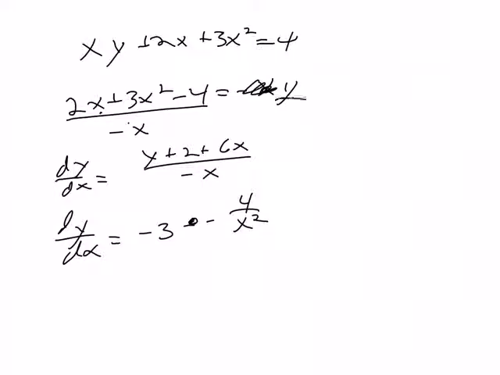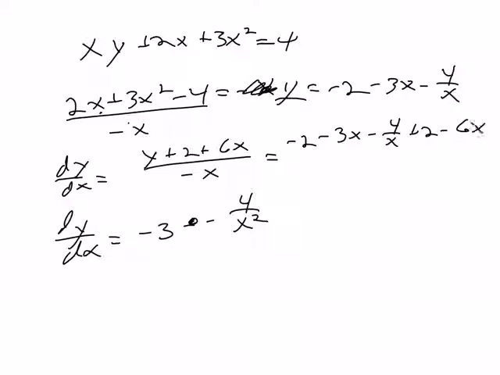So what is y? y is just that, or in other words, what we said is equal to negative 2 minus 3x minus 4 over x. So let's plug that in. So this is going to be equal to negative 2 minus 3x minus 4 over x plus 2 plus 6x all over negative x.